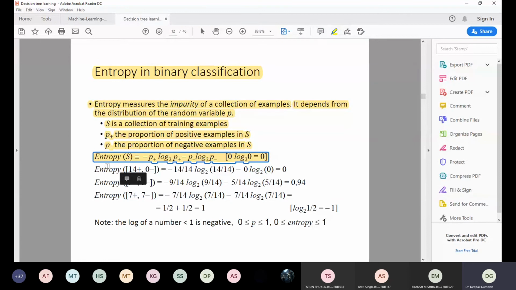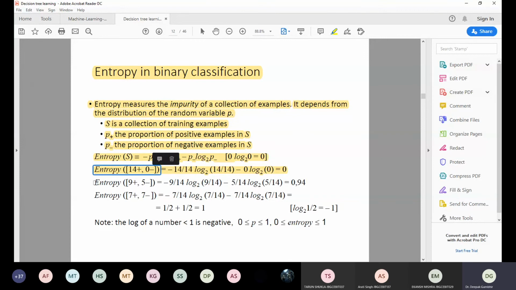So similarly, we have taken an example. Suppose there are 14 examples. The entropy for 14 positive examples and 0 negative examples is 0, because if every example is positive, there is no impurity present in it. That is very true.